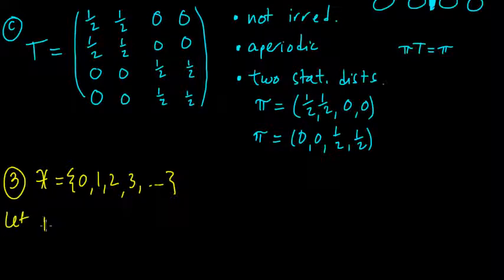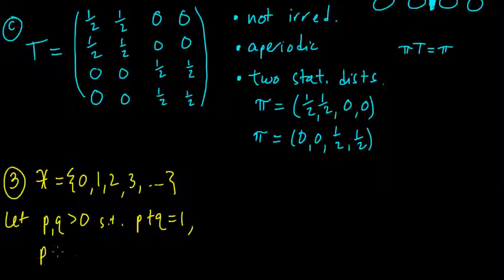So we'll take some numbers p and q that are positive such that they sum to 1. I could have put 1 minus p or whatever, but it's easier to write this way. And we will assume that p is strictly greater than q. So like it could be 2/3, 1/3, something like that.